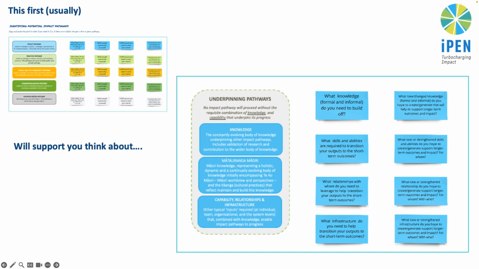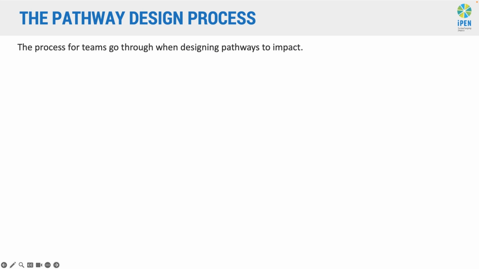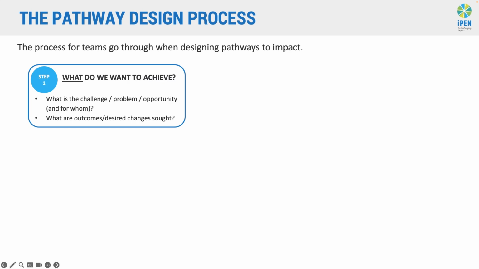And we've got some basic templates that you can use to help address these in a simple, systematic way, like we've described here. So what this design process looks like overall is a 3-step process. The first step is figuring out what we want to achieve. This is all about the program logic, developing that basic program logic.